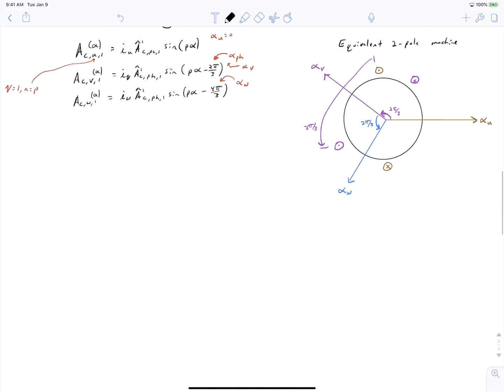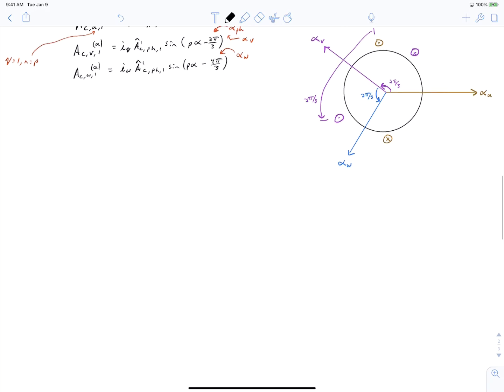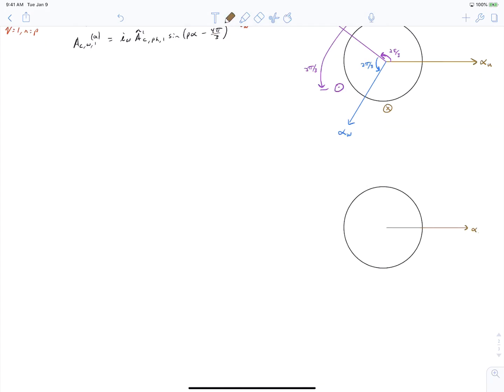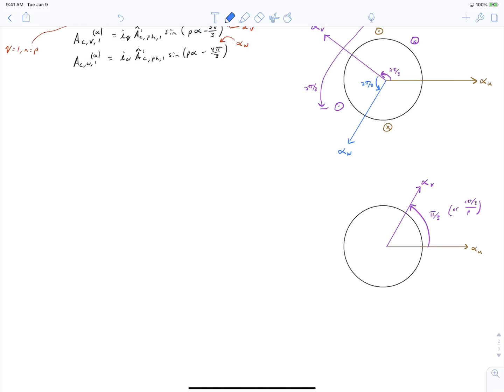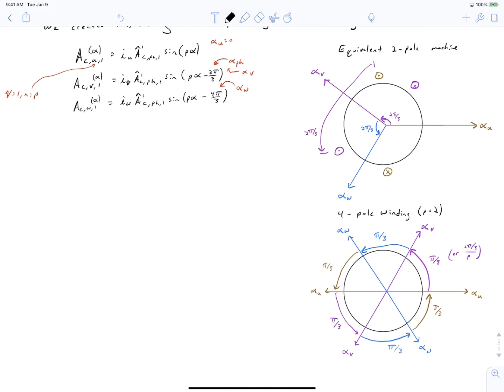If we continue our example for a 4-pole machine, what we would actually have for a winding layout is the following. And you can see that the whole thing repeats itself twice.